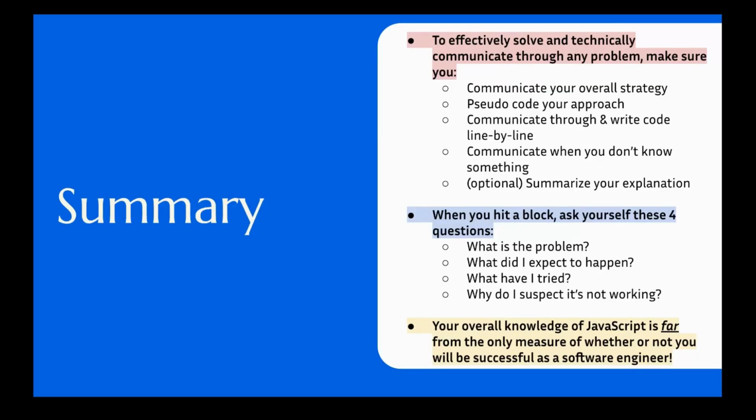So anyway, to wrap things up, let's go over a general summary and overview of everything that I spoke about today. To effectively solve and technically communicate through any problem, you want to make sure that you are communicating your overall strategy. You want to pseudocode your approach. You want to communicate through and write your code line by line. And you want to communicate when you don't know something.